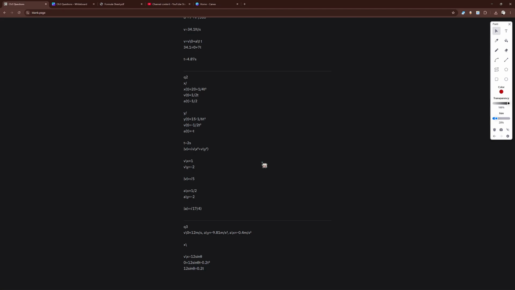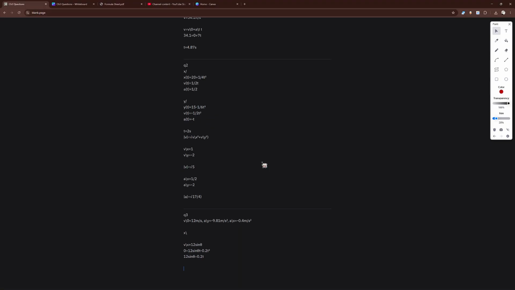Now you're probably wondering why we do this. It's because one of the ways we can get theta is by using tangent, because tan is sine over cos, not sine over theta.